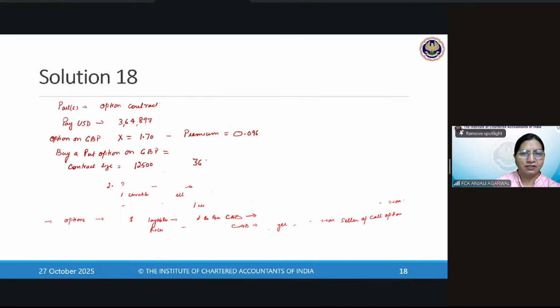First, let's calculate roughly how many pounds will give us 364,897 with a strike price of 1.7.